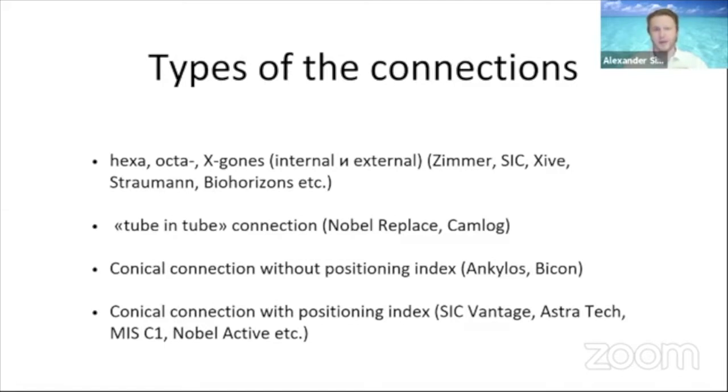And there are conical connections with a positioning index. I really like the SIC Vantage connection because it's incredible. And I think the future is behind that connection type because we have maximum physical stability and we don't have to solve problems with the position of our abutment because we have a positioning index.